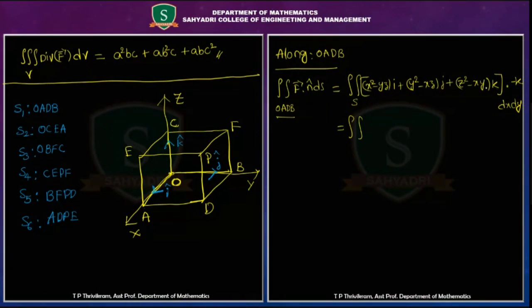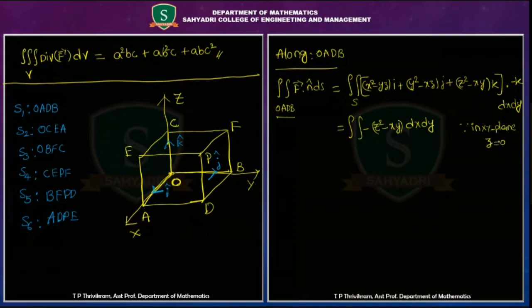Dot product with this. Only the k function will be there. So that means minus z square minus xy. So k dot k will be 1, dx dy. But on the xy plane, which value will be 0?